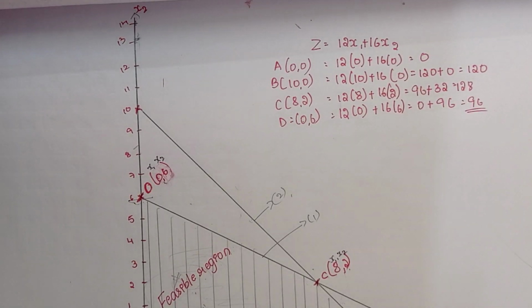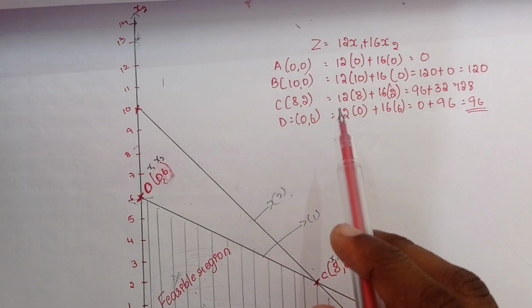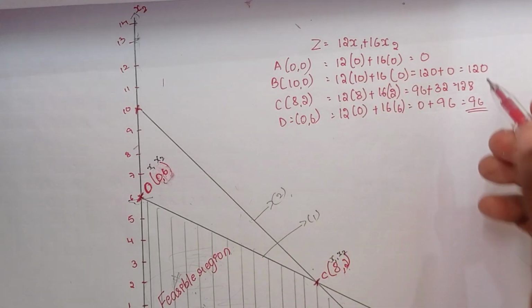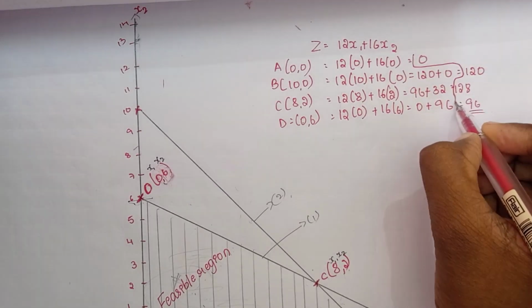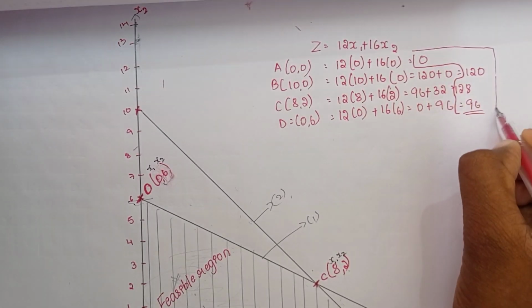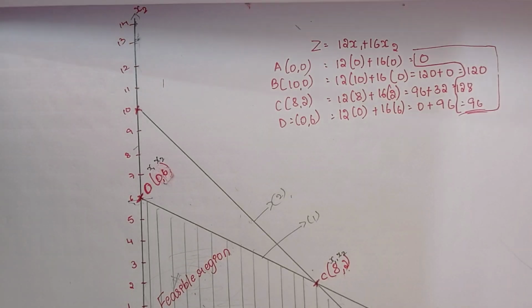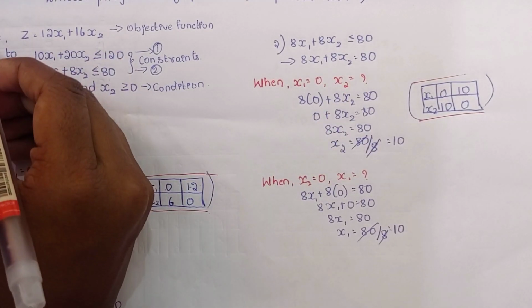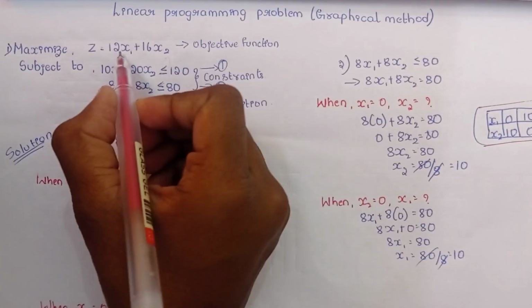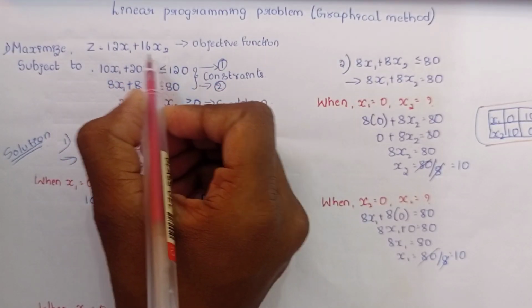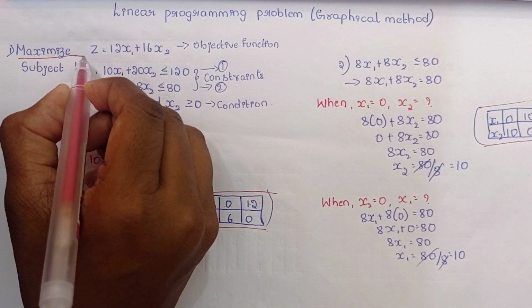These are the values we have got from the feasible region corners. We applied the corner values to the objective function and got 0, 120, 128 and 96. The objective function is maximize z equals 12x1 plus 16x2, so it is a maximize problem.